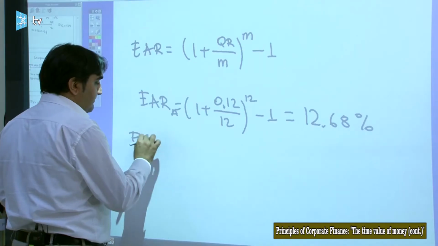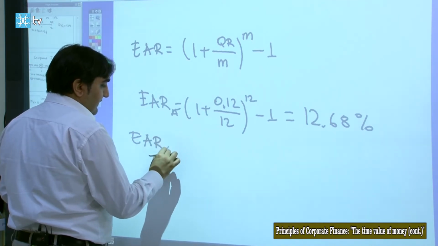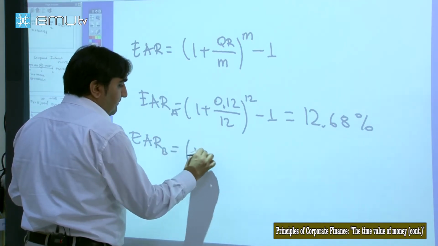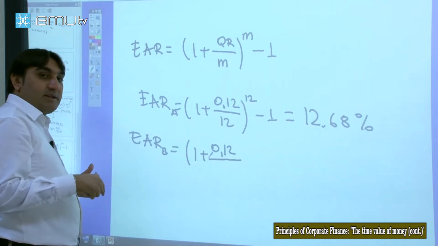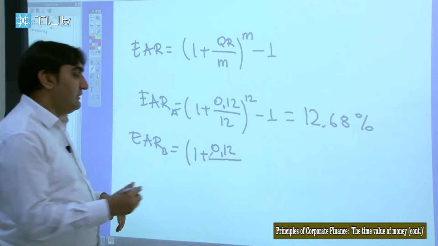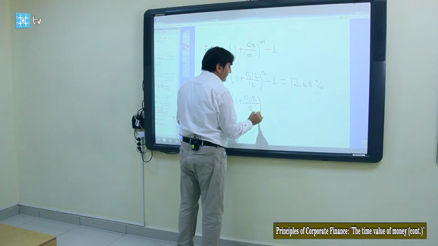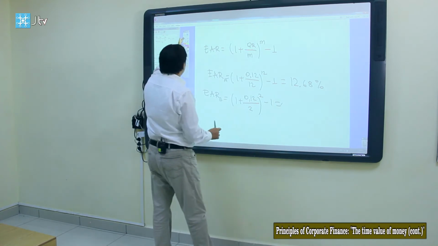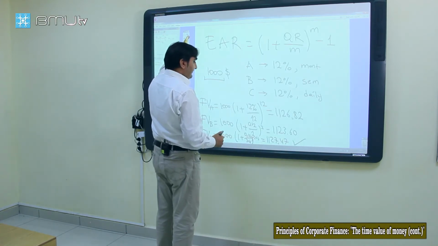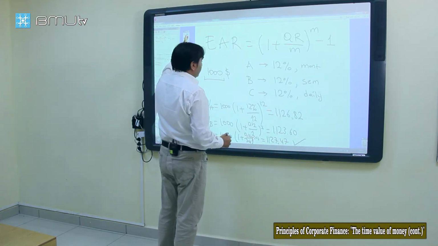For option B, it is semi-annual: 1 plus the quoted rate divided by the semi-annual periods. We have 2 semi-annual periods in a year. We put it here, to the power of 2 minus 1, and it is 12.36%.